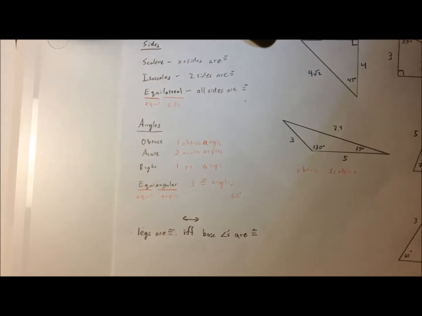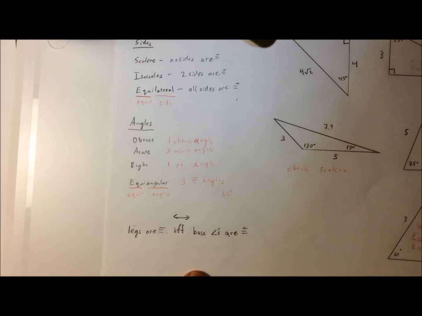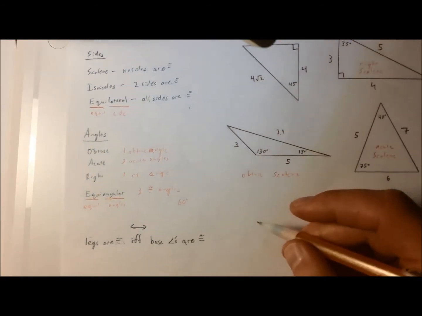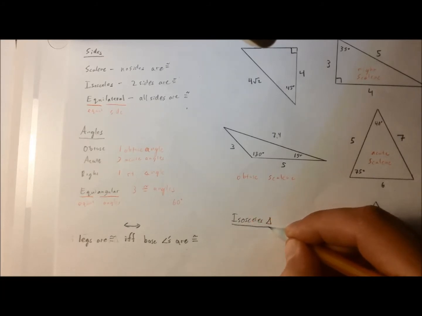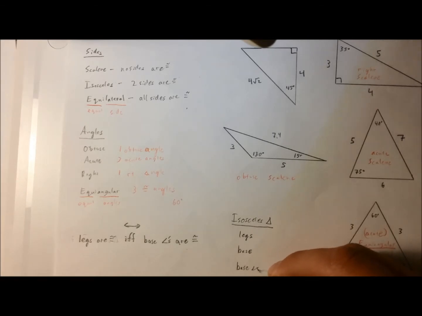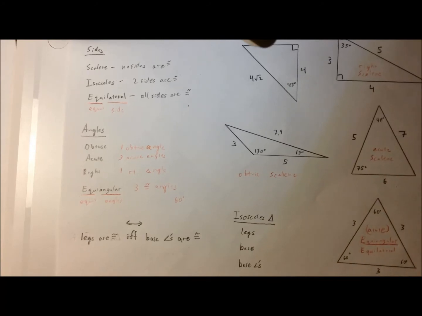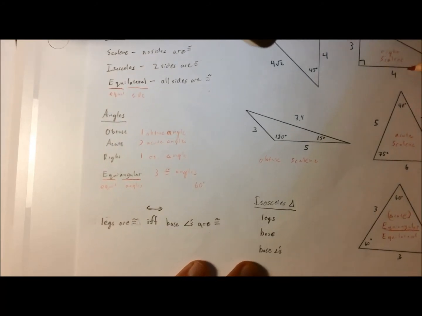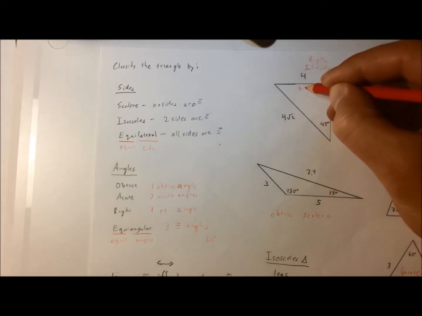Now, a couple other things just to go along with this, though. The parts of triangles. Well, if you have an isosceles triangle, it has two parts. It's got legs and a base. It actually also has something called base angles. So if we look up here to this triangle right here, these two parts right here are the legs.